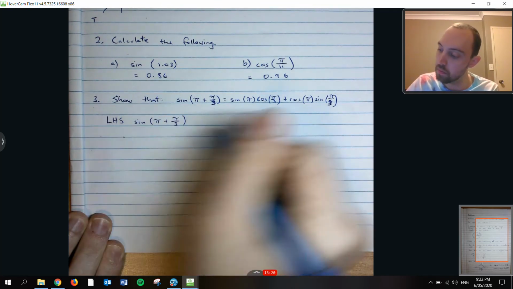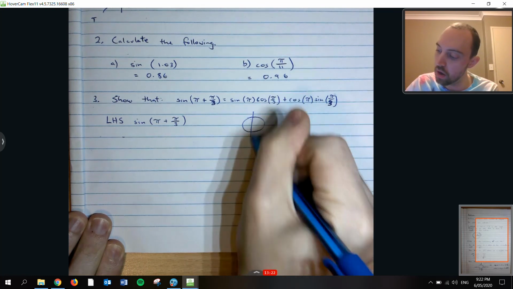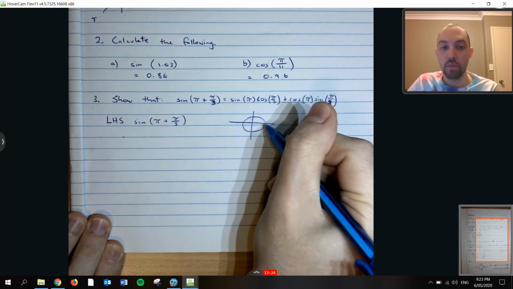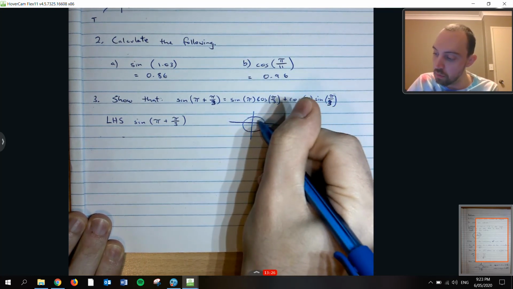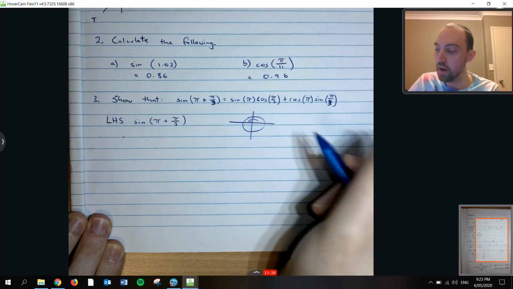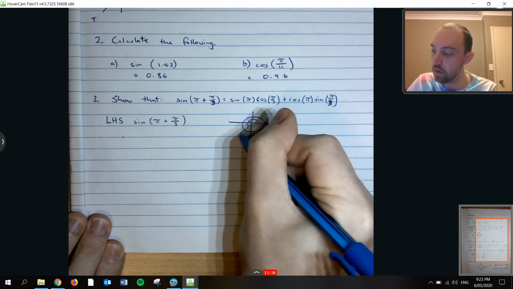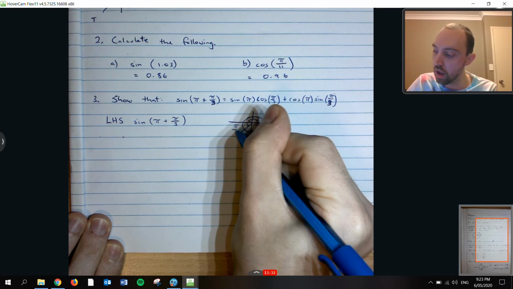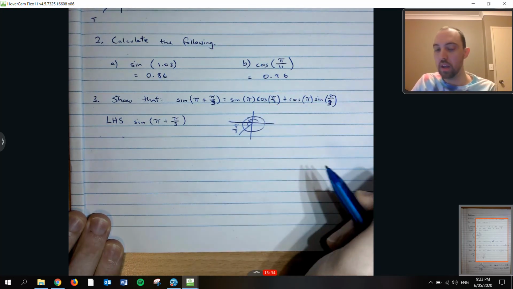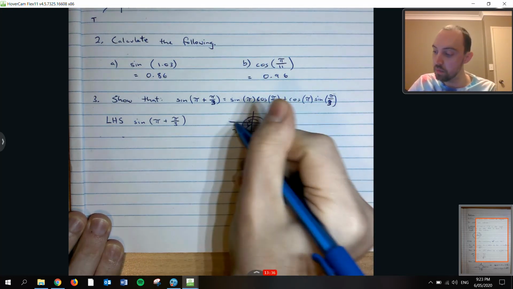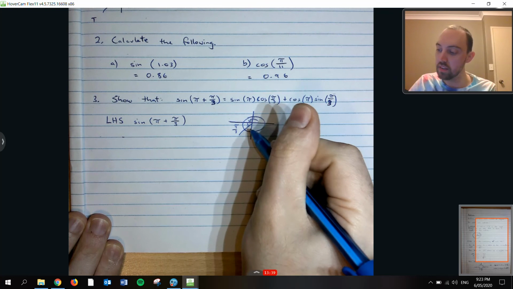So let's go to our unit circle. If we're going pi, we've gone halfway around the circle, then pi on 3, a little bit past that x-axis, or pi on 3 radians past that x-axis.